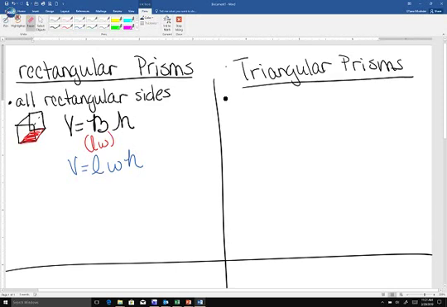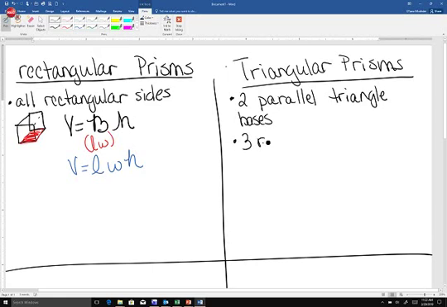These have 2 parallel triangle bases and 3 rectangle bases. They look similar to this.